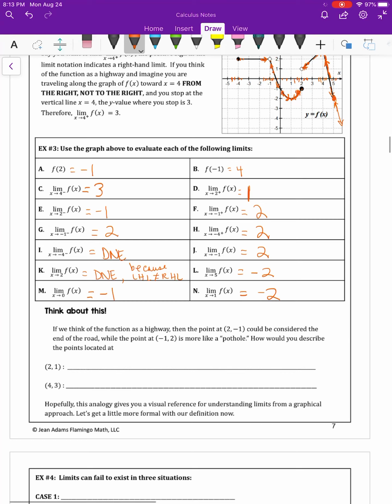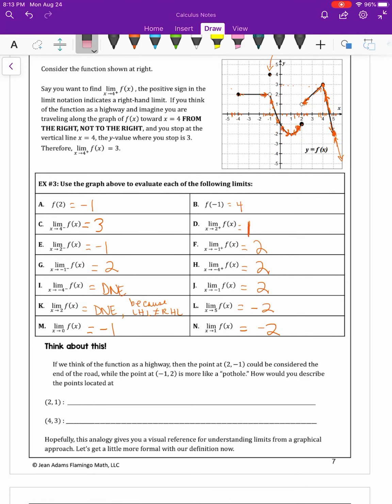So if we think of the function as a highway, then the point at 2, negative 1 could be considered the end of the road, while the point negative 1, 2 is more like a pothole. I'm going to erase all the stuff that we put here so we can look at it nicely.